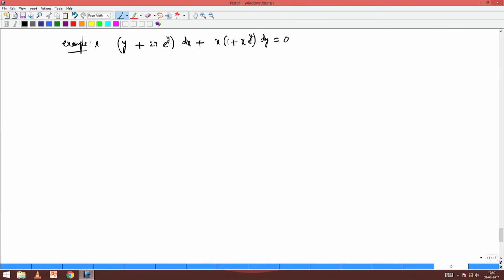How do we solve this equation? So, this differential equation is given. It is in the form of m dx plus n dy equal to 0, where m is y plus 2x e power y, n is x into 1 plus x e power y.